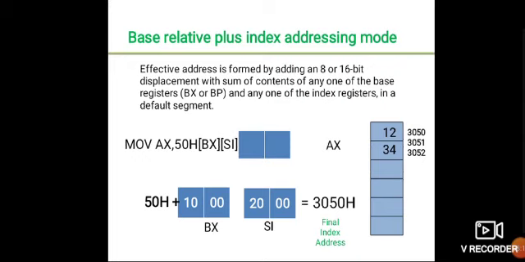So the effective address would have been 3000, but I need to add a displacement which is 50H. Now the address becomes 3050. So the effective address is 3050 and hence the content present in 3050 and 3051 will move into the AX register. So 12 goes to AL and 34 goes to AH.